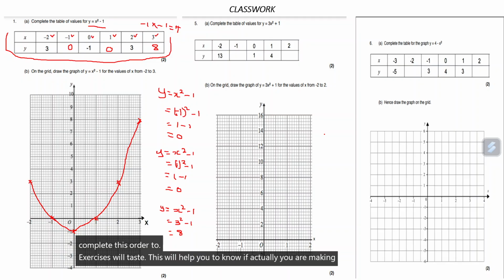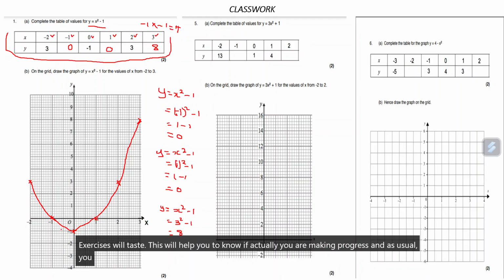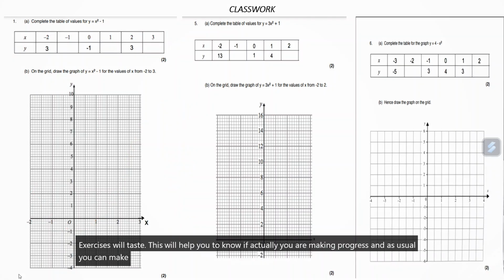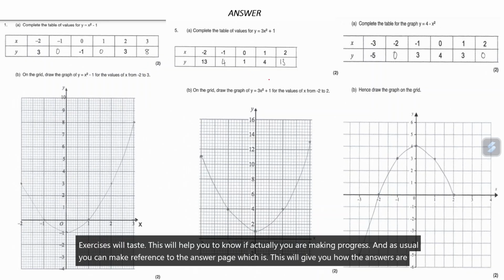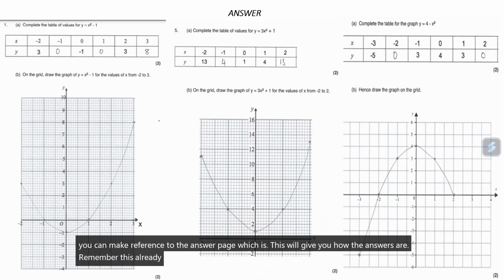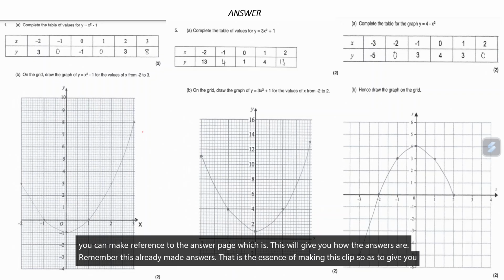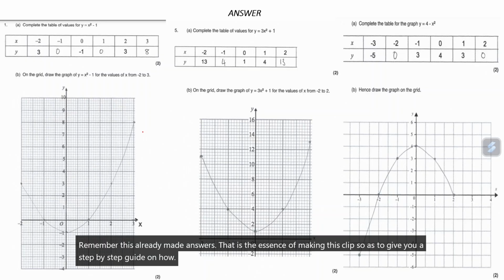And as usual, you can make reference to the answer page, which is this. This will give you how the answers are. Remember, these are already made answers. That is the essence of making this clip, so as to give you a step-by-step guide on how to complete yours.